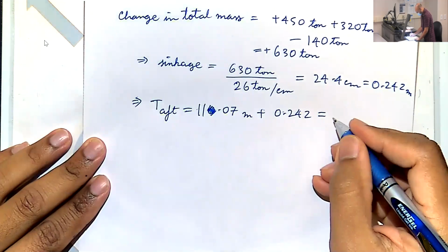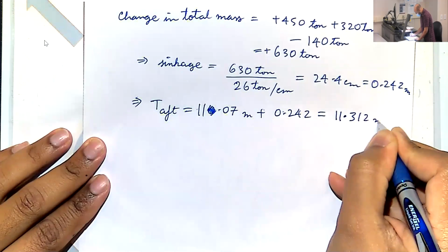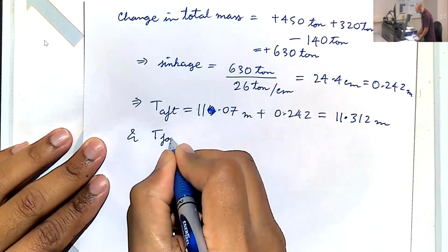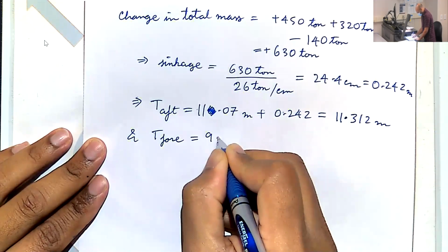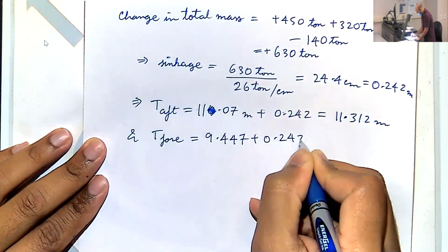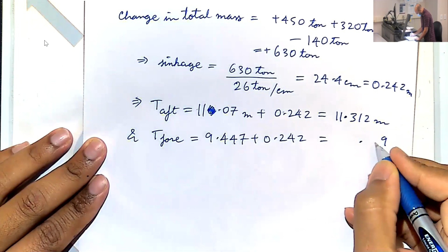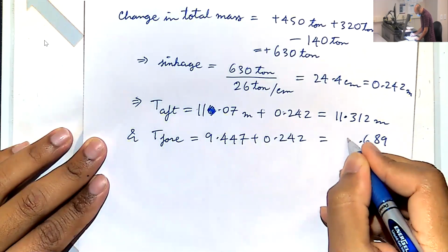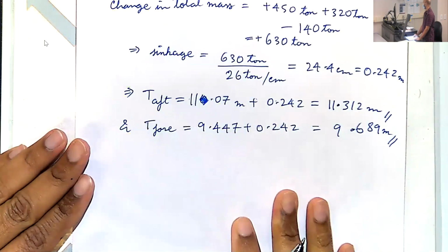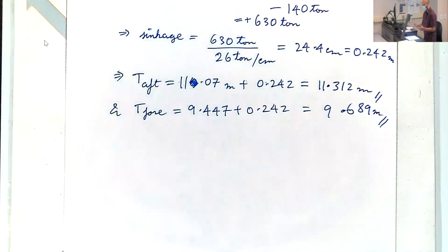Okay, so we have 11.312 meters. And T fore is 8.447 plus 0.242, which is 8.689 meters. So in the end, with all the unloading and loading, those are the drafts we will get at the two positions.